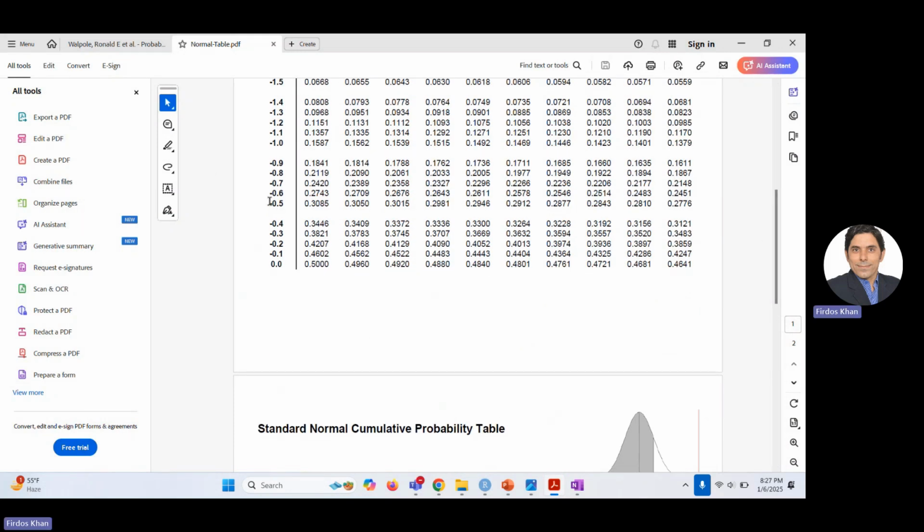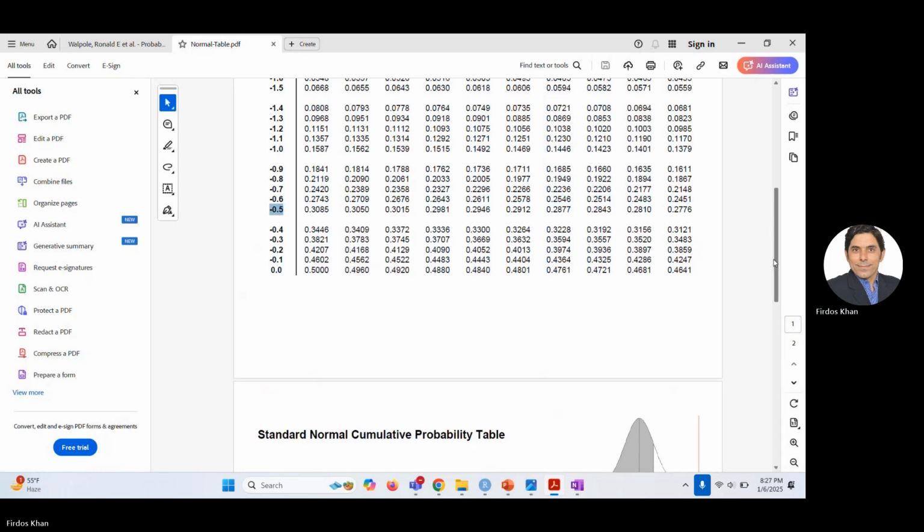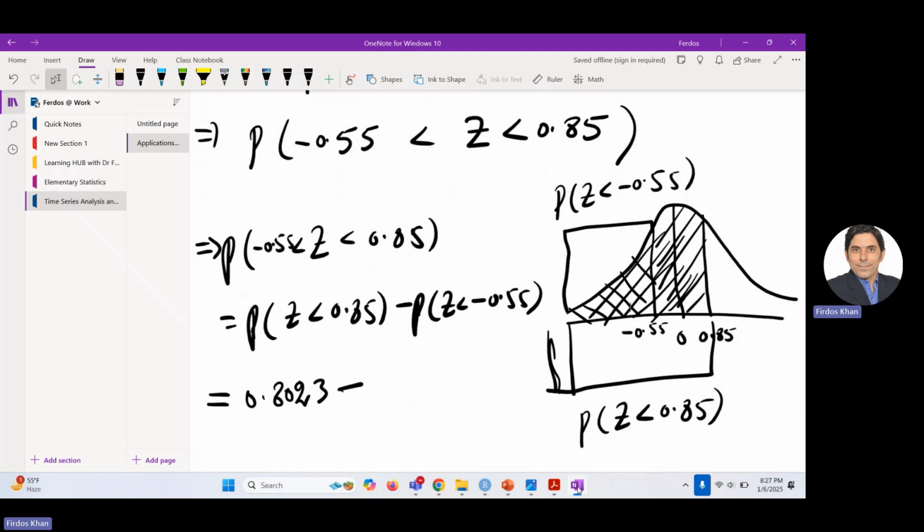This is minus 5, and you should go here until 0, 1, 2, 3, 4, 5. This is 0.2912. You need to subtract and you will get the desired probability.